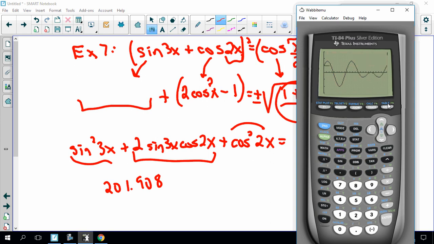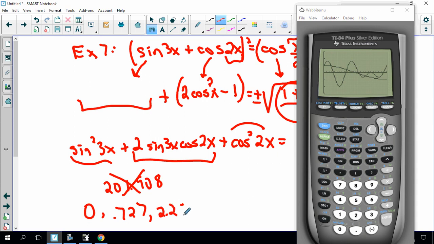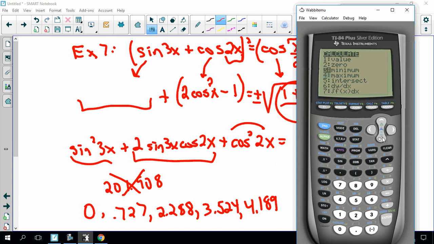And then you find the 5 radian answers, and 1 is 0. 0.727, 2.288, 3.524, 4.189. Once again, second, calculate a point of intersect, and you just go get one.